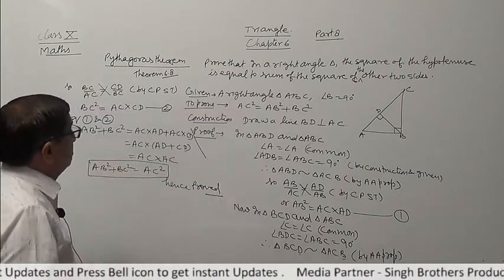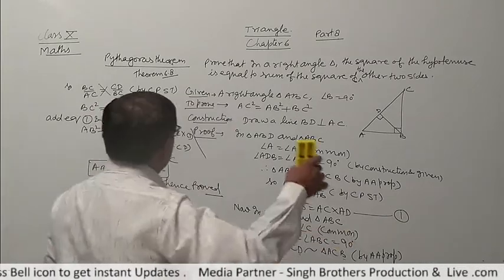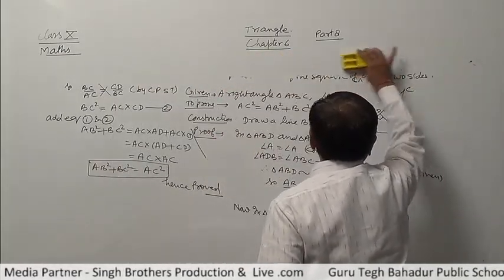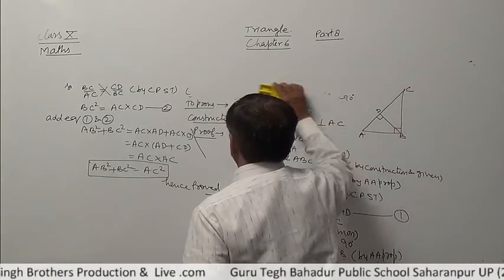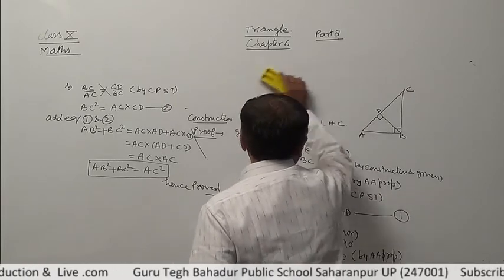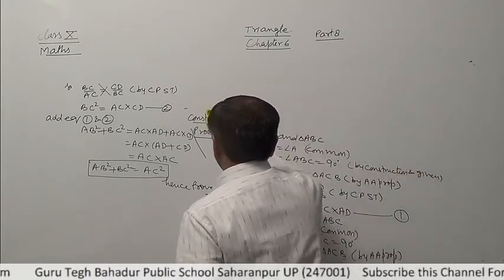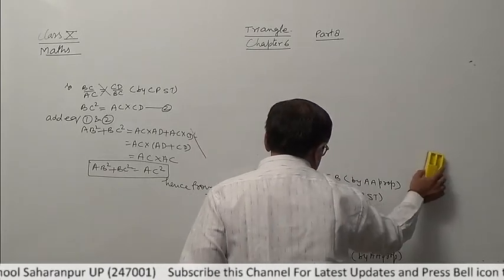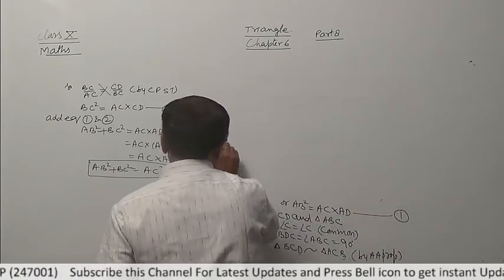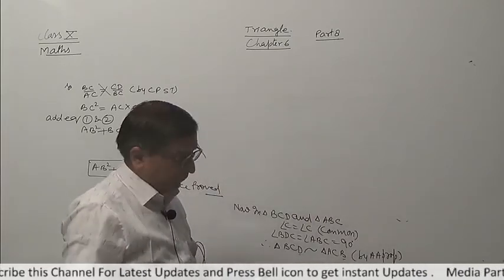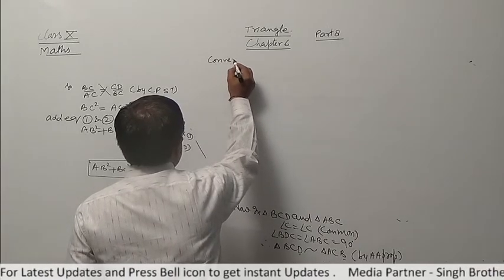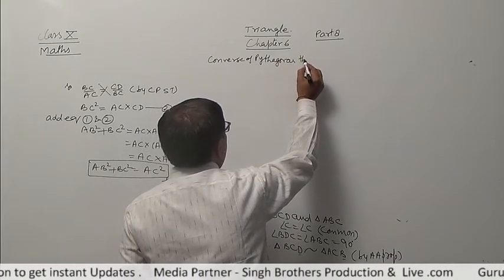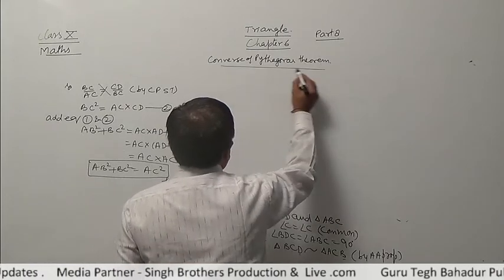Converse of Pythagoras theorem. Theorem 6.9.